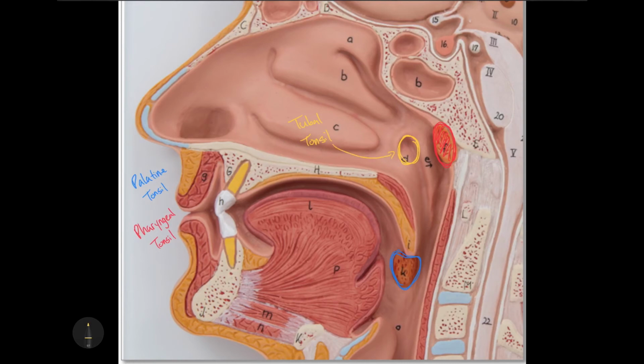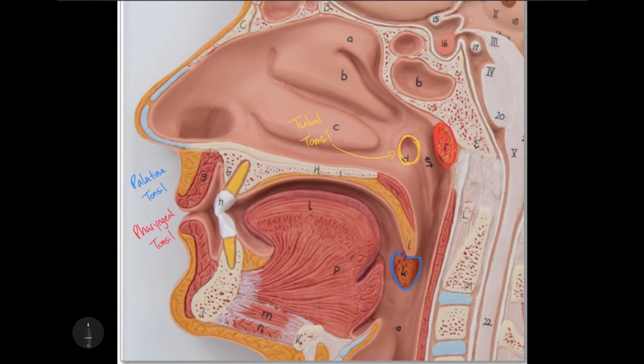Again, it's located in the pharyngeal opening of the auditory tube. And finally, the last set of tonsils are located just posterior and inferior to the tongue. These tonsils are called lingual tonsils. And those are all the different sets of tonsils found in the body. So let's move on to our next lymphatic organ.